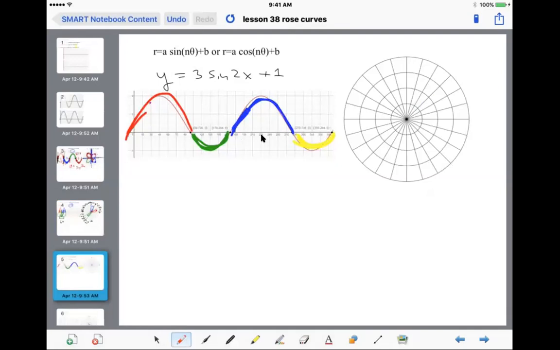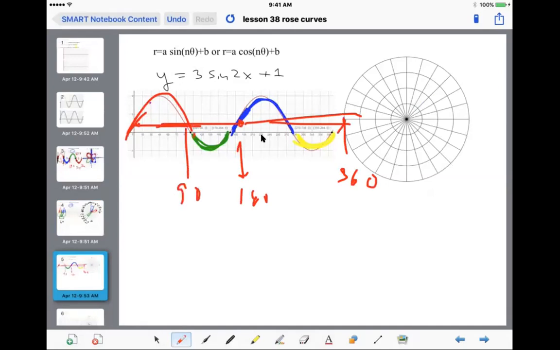But we do know that if I go from here and make this line, here's one full cycle of the curve, and here's the second full cycle. So that would be 360 with the 2 cycles. So this would be 180 over there and 90 over here. So it's slightly bigger than 90. That's the main thing. And this red one starts slightly before 0.